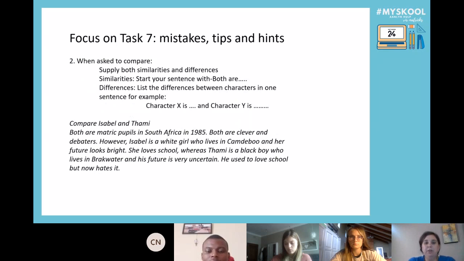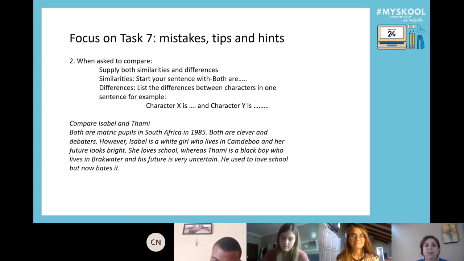Okay, number 2, when asked to compare, Marley, can you tell me what the word compare means? Ma'am, it means it's when you compare one thing to another. So when you say similarities and then their differences. Exactly. You have to supply both similarities and differences.